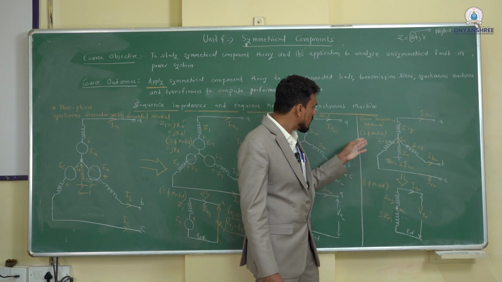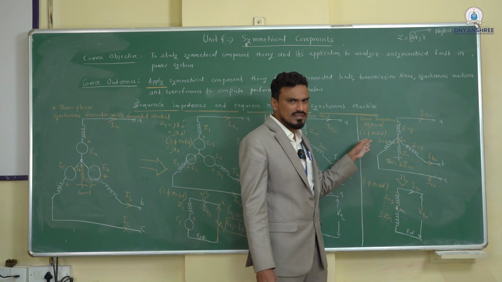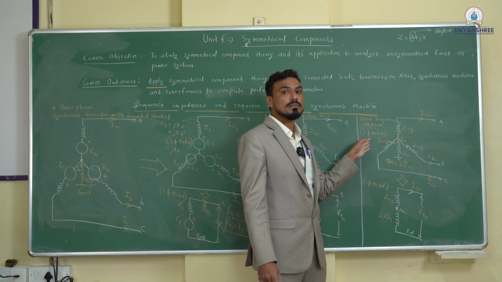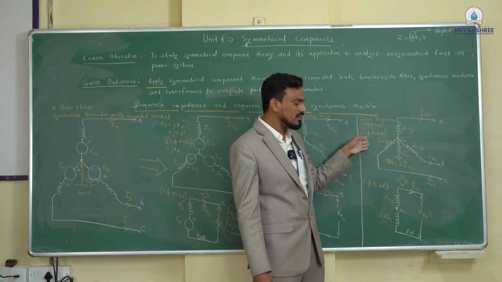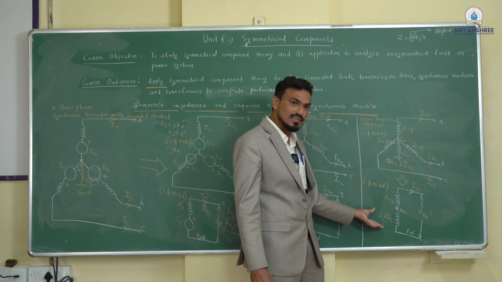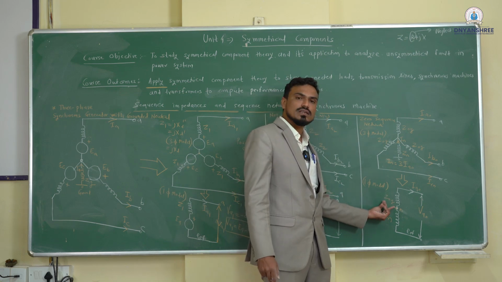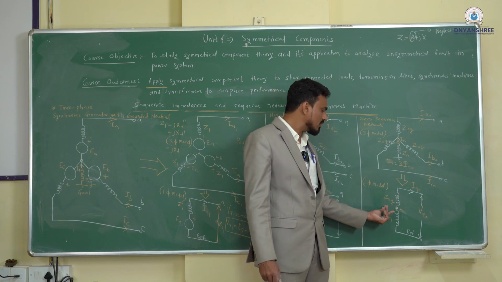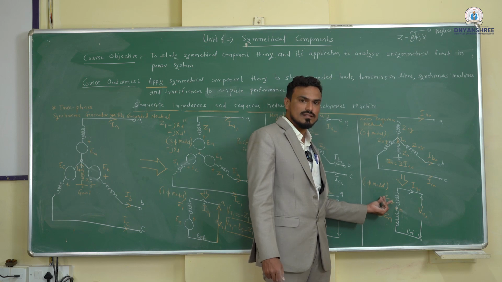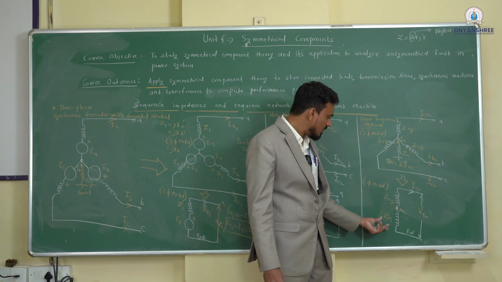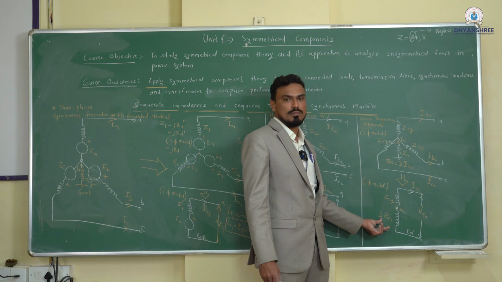Now, if you see this particular diagram, this is a three-phase model. If we want to represent it as a single phase model, how can one represent it? The representation is done like this. It consists of two impedances. One is the zero sequence impedance, which is between the ground and the respective phase, and another one is the neutral impedance.